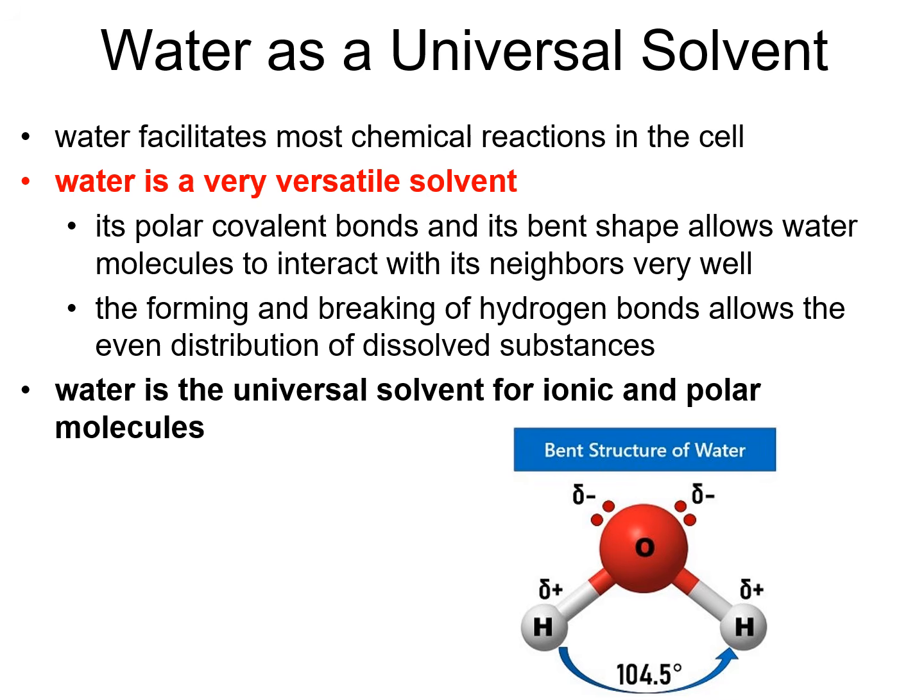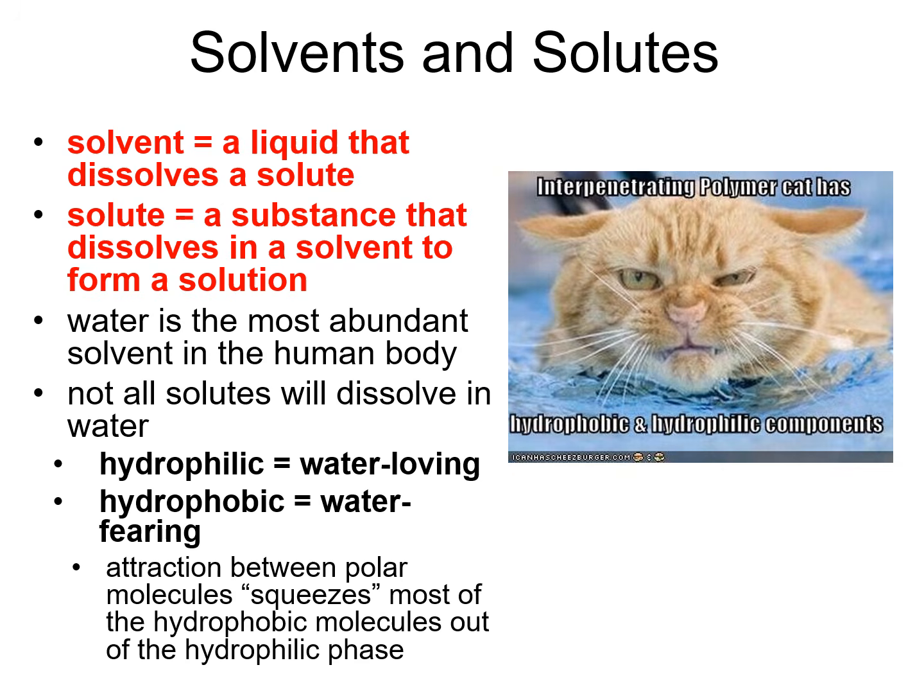Its polar covalent bonds and its bent shape allow for water molecules to interact with neighboring molecules very easily. And the forming and breaking of hydrogen bonds between water molecules and adjacent molecules can allow for the even distribution of dissolved substances. As a matter of fact, water is the universal solvent for both polar and ionic compounds.